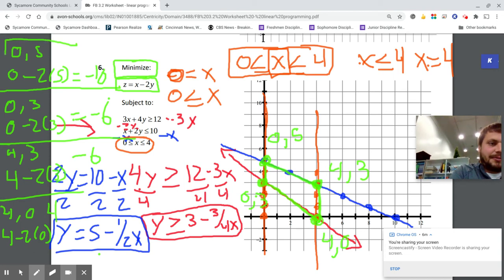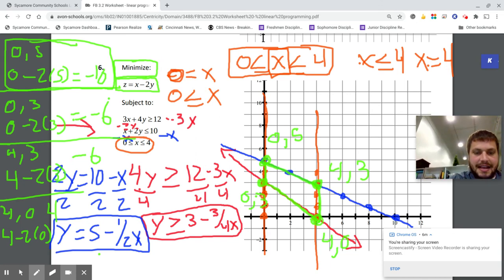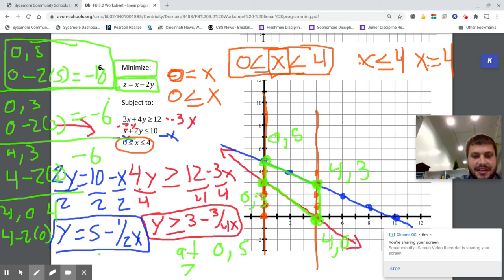So 0, 5 gave me the minimum value of negative 10. So my answer would be at 0, 5, z, because that's what I'm trying to minimize here. Look right here, z equals negative 10.